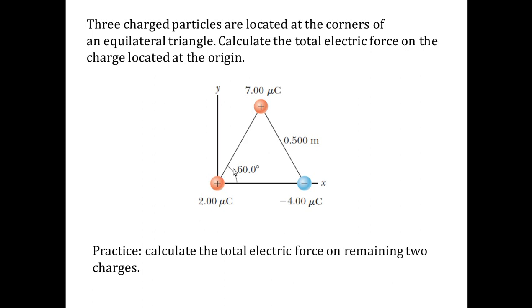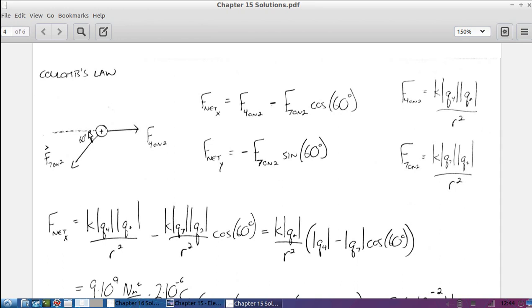So this angle is 60, and its vertical angle is right here, and vertical angles are congruent. That's how I found out that this angle was 60 degrees. So we still have geometry and trig coming back to haunt us every now and again.